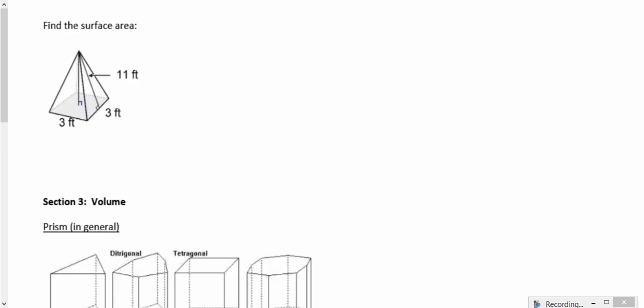Now a pyramid, we said a couple choices. We have 2 to choose from, but notice they do give us this slant height. So let's go ahead and use that formula. So for slant height, it was area of base plus 1/2 perimeter of the base times slant height.